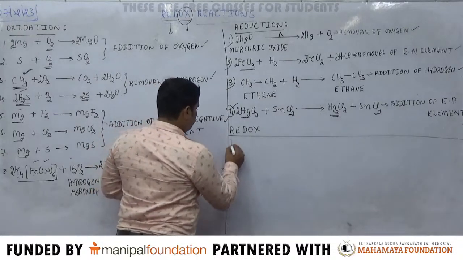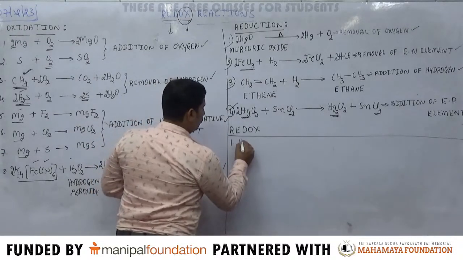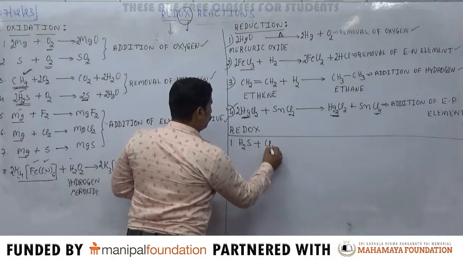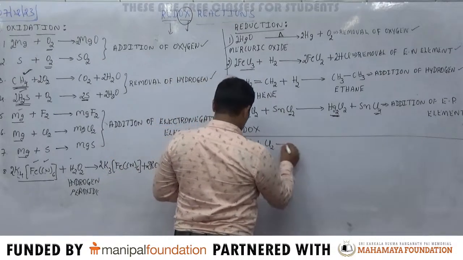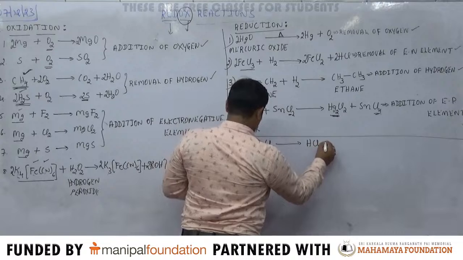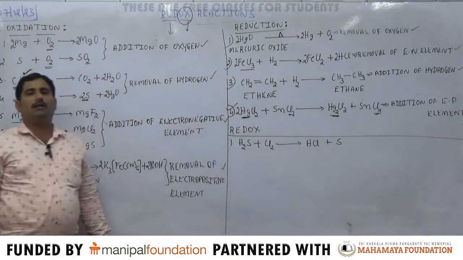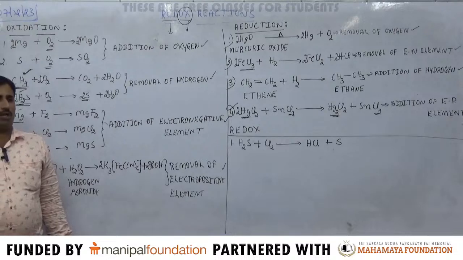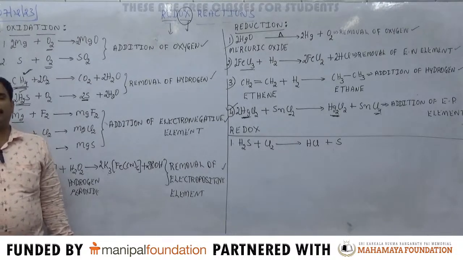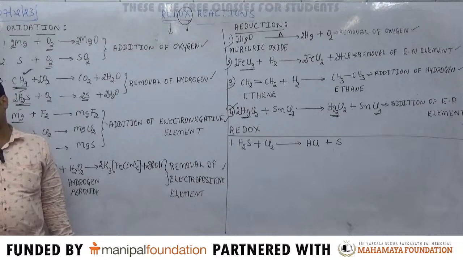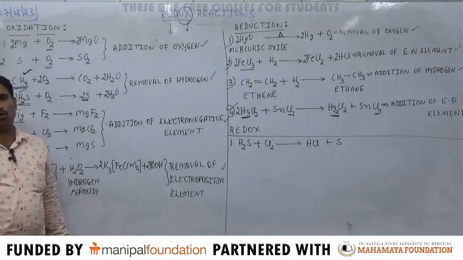Take down the first one. H2S plus Cl2 is giving HCl and S. Anyhow, the balanced equation will be given to you to identify which substance is undergoing oxidation and which substance is undergoing reduction.